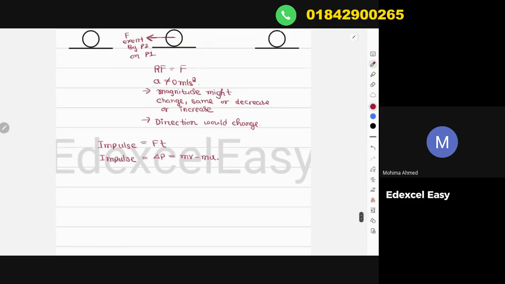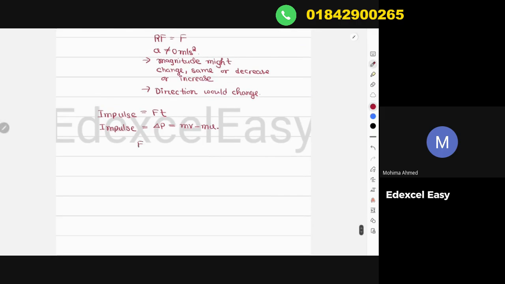So you can use any of the formulas in order to find the value for force or whatever they ask you to find, okay? Now you can obviously substitute them, Ft equals mv minus mu also, in order to identify the value for force or time, where only the masses and velocities of that particle are given.